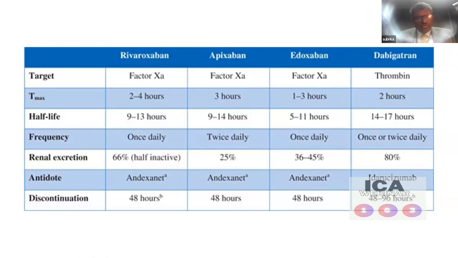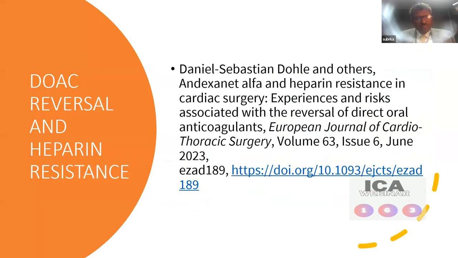Is there an antidote for these agents like Coumadin? Actually, in cardiac surgery, we don't reverse these agents with antidotes for patients undergoing elective surgery. However, if you reverse these patients with antidotes, there is an indication these patients will be hard to anticoagulate with heparin, especially if you reverse these patients pre-bypass.